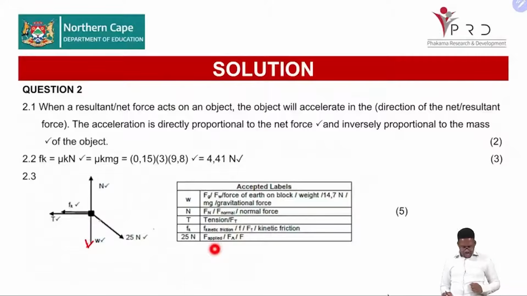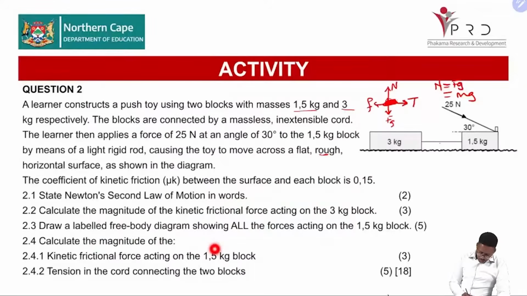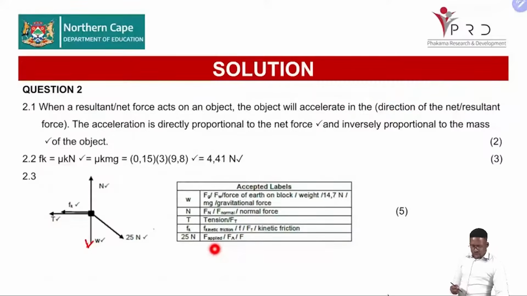The following question is for 3 marks. Calculate the kinetic friction of the 1.5 kg block. Now, for us to calculate the kinetic friction, we did say that our root is normal force. We must pass by normal force. We can never do anything without getting the normal force first.